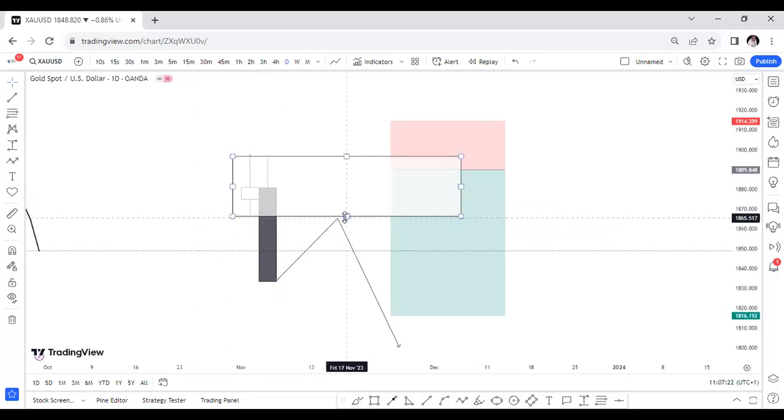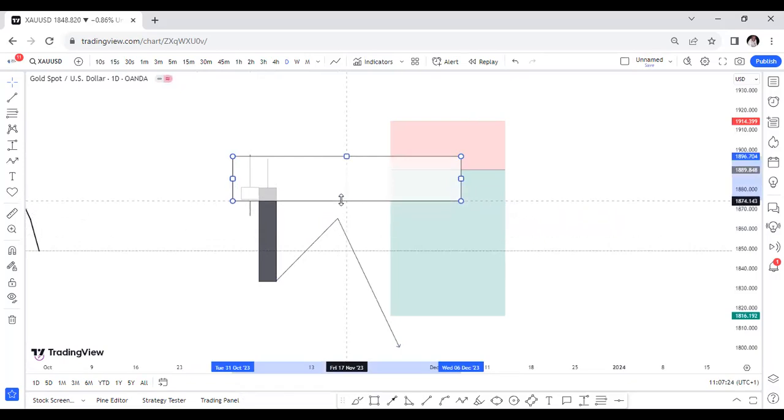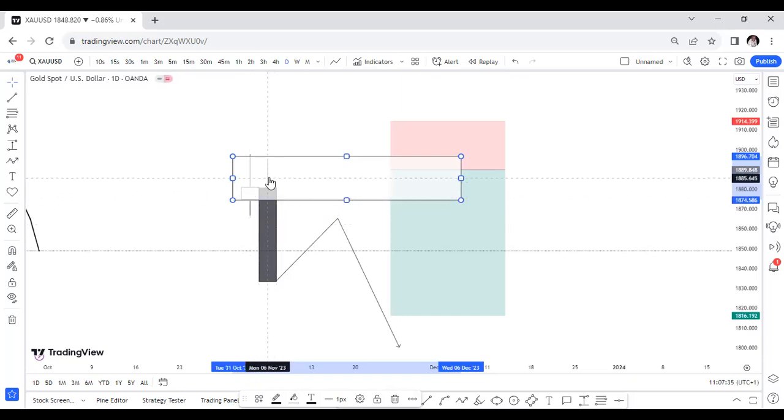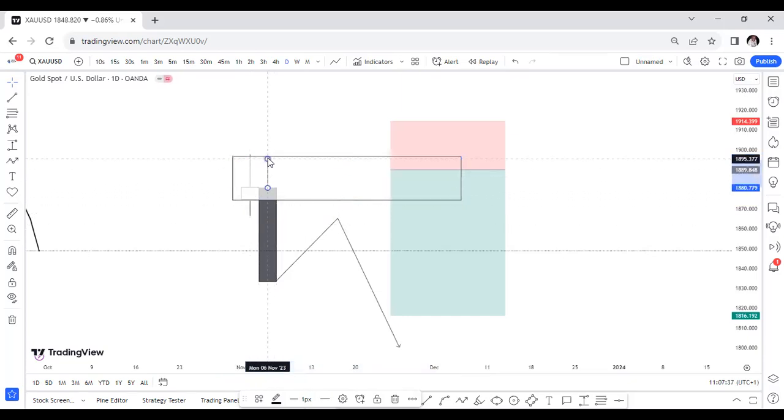But when you have a kind of this thing you cannot contain, you can use the body, from the high to the open. Not this candle. You are focusing on this. But if this extends longer like this, what do you do?